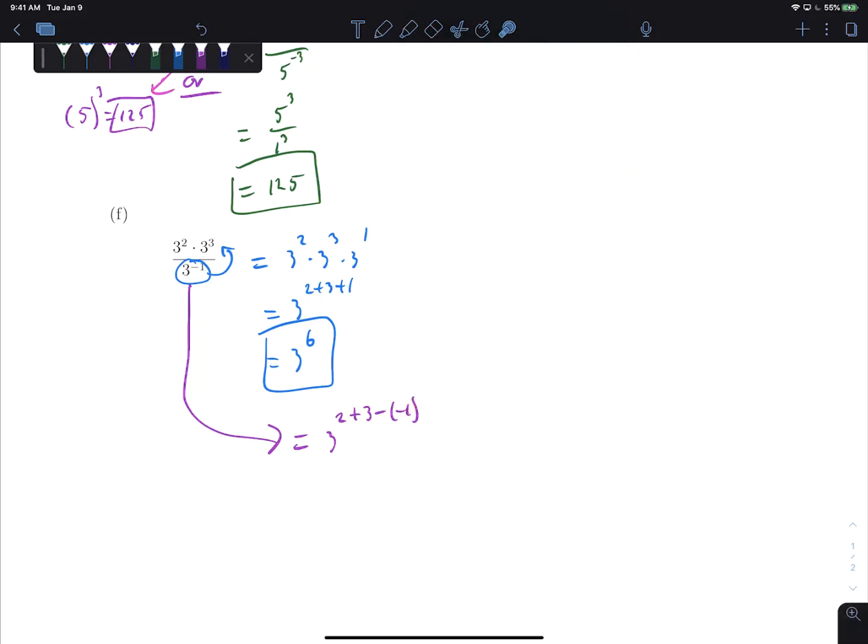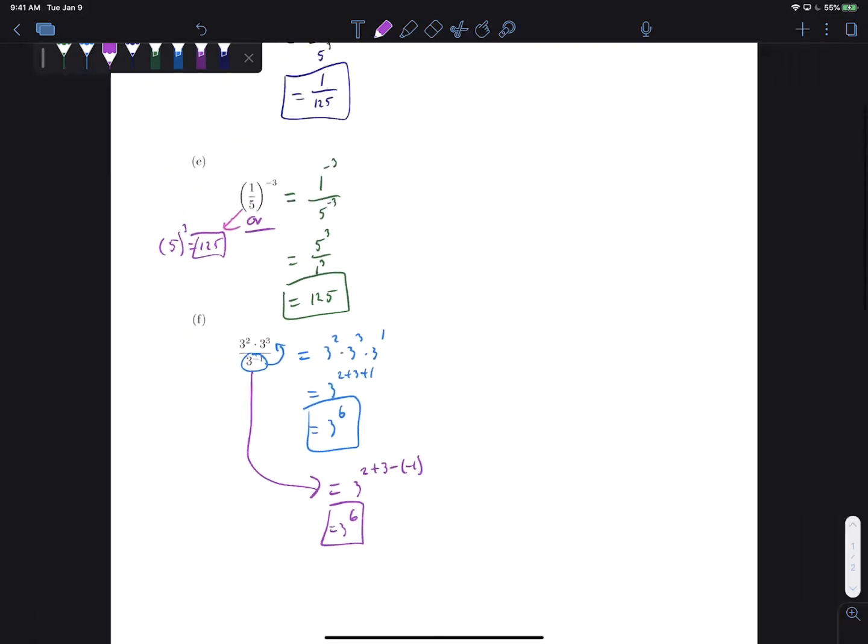So 2 plus 3 is 5, minus a negative 1. Well, minus a negative is plus, so the 5 plus 1 is still 6, which gives me 3 to the 6th power. And that's the answer.